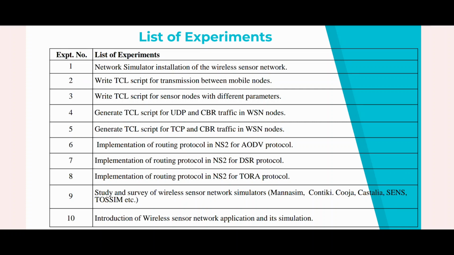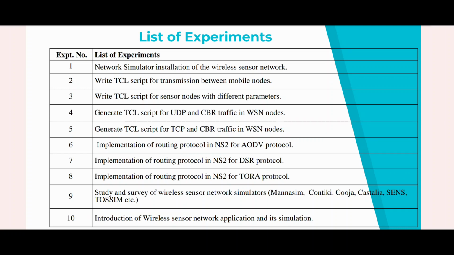And finally, the last but one, we can have the study and survey of wireless sensor network simulators. Just like the network simulator NS2, we have a variety of different simulators available, called Mannasim, Contiki, Cooja, Castalia, SensorSim, TOSSIM, etc. There are a variety of network simulator tools available in the market. So we can use any one and design our WSN application.